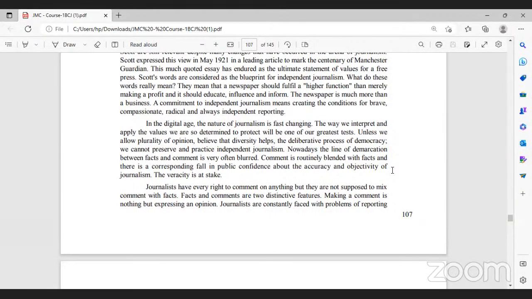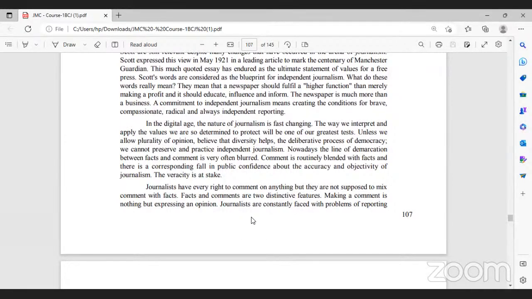The veracity is at stake. I hope everybody agrees with this point also. The present situation is all about the same comment. Ultimately, the veracity of the media and the cross-checking of information is at stake.